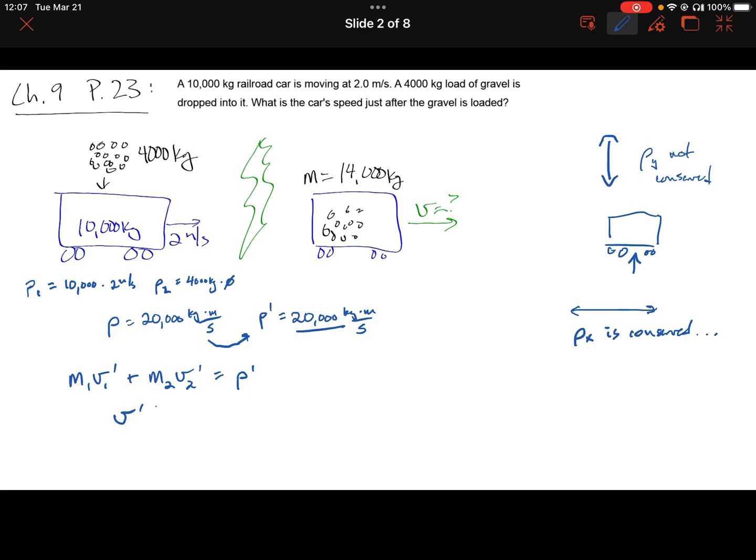Our velocity after the collision times the combined masses is going to be equal to the momentum after the collision. That means our final velocity is going to be the momentum divided by the combined mass of our two objects. That's going to be 20,000 kilogram meters per second divided by the combined mass of 14,000 kilograms. And that's whatever that is. We'll figure that out, and that would give us our velocity in meters per second.